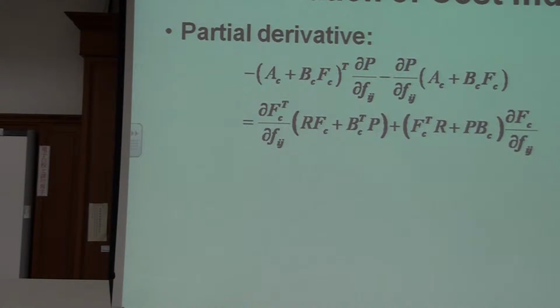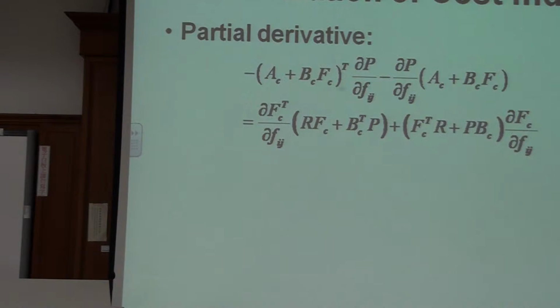Now, to get partial P, partial Fij, you have to look at the equation we have for P. So that is whatever we have here: partial P, (AC plus BCFC) transpose, then partial P partial Fij, then minus partial P partial Fij, (AC plus BCFC), equal to this.